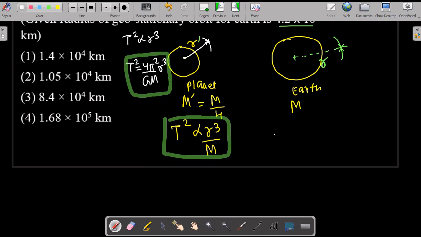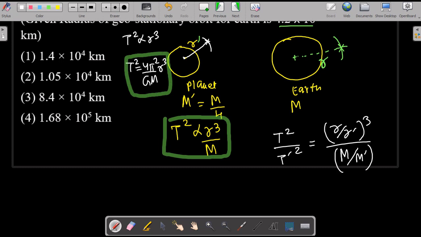So let us say for earth, t square divided by t dash square is equal to radius for earth by radius for this, r dash whole cube, divided by mass for earth divided by mass for this planet m dash, right?